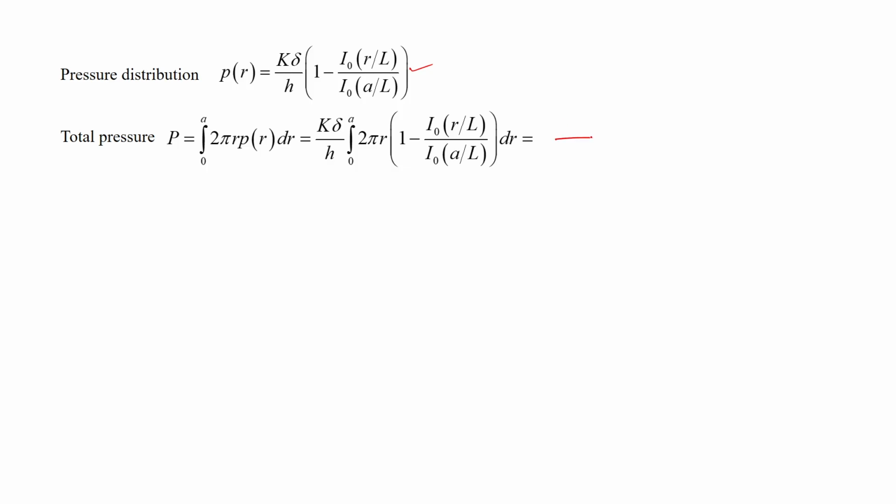So we can write it as K delta by h into 2 pi, r dr, giving r squared by 2 from 0 to a, minus the integral from 0 to a of r times I0 of r by L over I0 of a by L, dr.